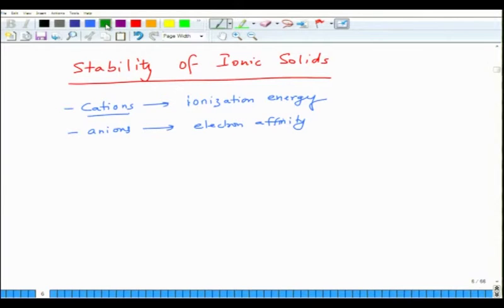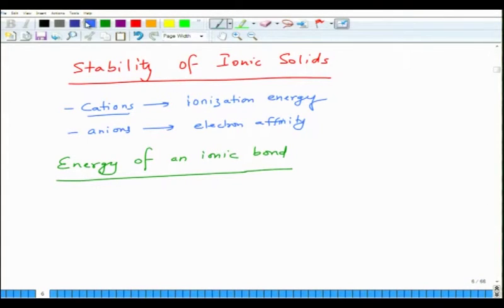The energy of an ionic bond is determined by, when you put these atoms together, Coulombic attraction and repulsion.